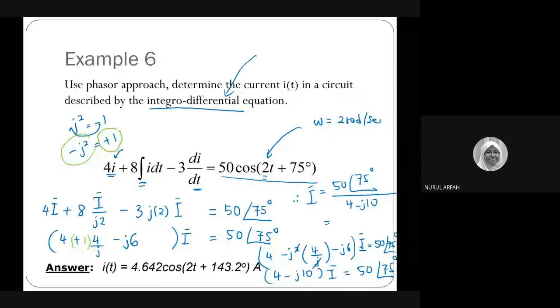Do you agree or are you confused? Maybe you are confused here. This is just bringing this part into the front, and then you have a plus 1, so you just replace the plus 1 with a negative j square.